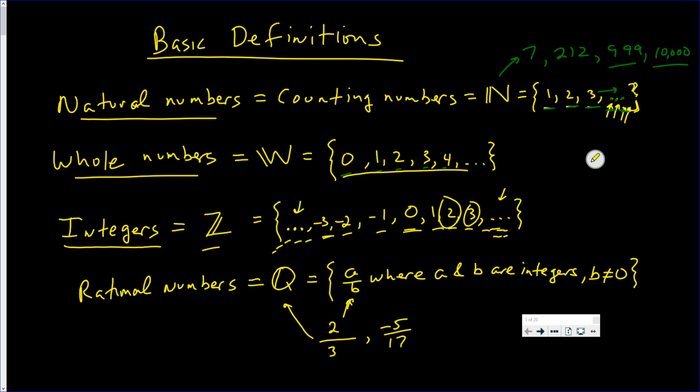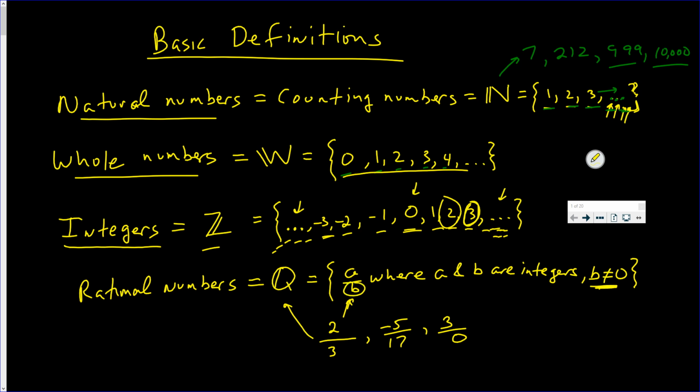That number is a rational number. You just can't take 3 and 0 because you can't divide by 0. And even if you could, a rational number cannot have the denominator being 0. So let's make it 10. Those are rational numbers.